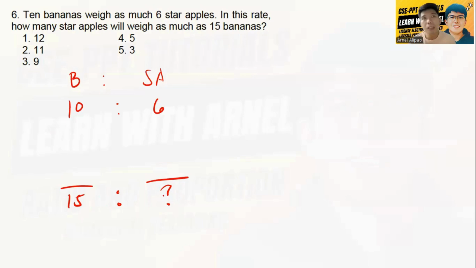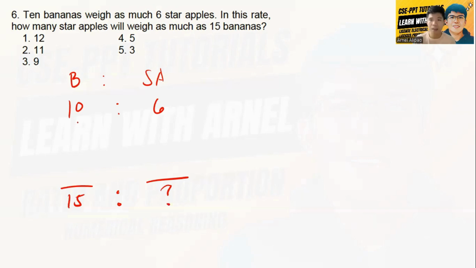The technique here, guys, is to make sure that you get the simplified ratio. So what are we gonna do? What is the common factor of 10 and 6?